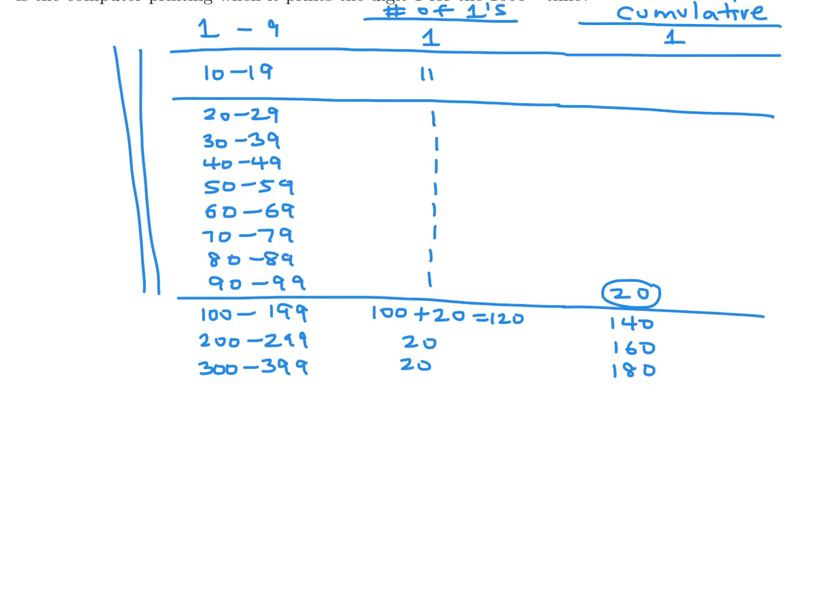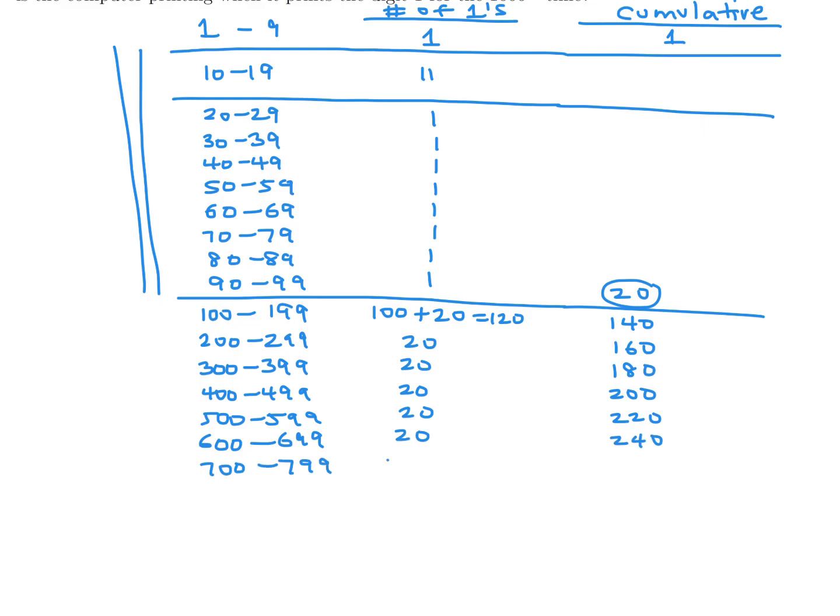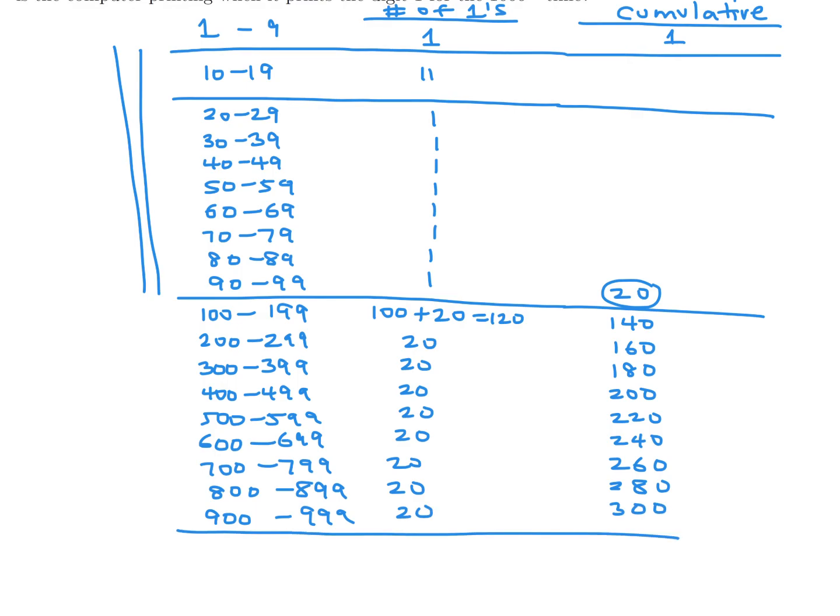This goes up to 180. 400 to 499, 20, 200. 500 to 599, 20, 220. 600 to 699, 20, 240. 700 to 799, 20, 260. 800 to 899, 20, 280, and then finally 900 to 999, 20, 300. Okay, we're up to 300, so that's not bad.